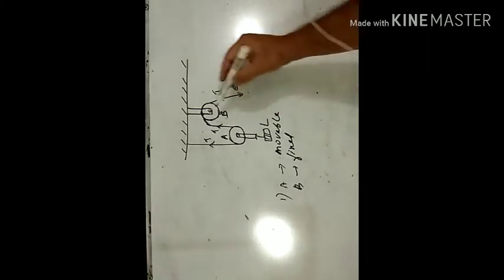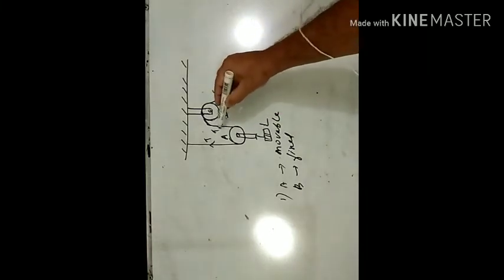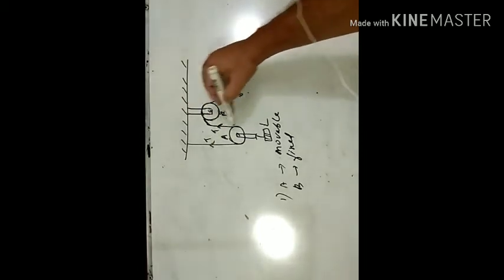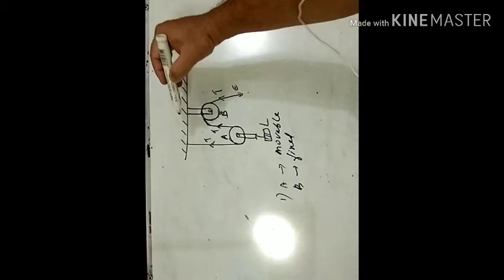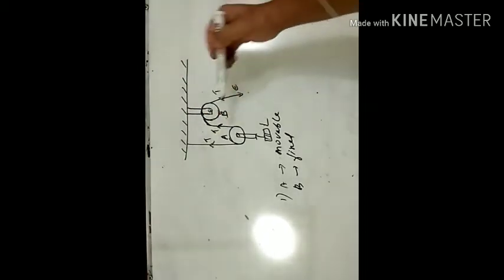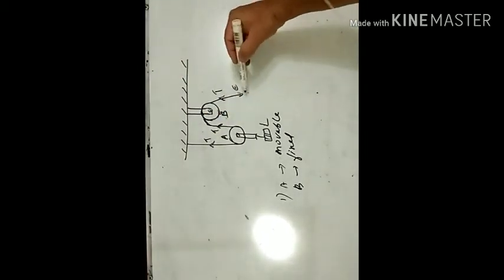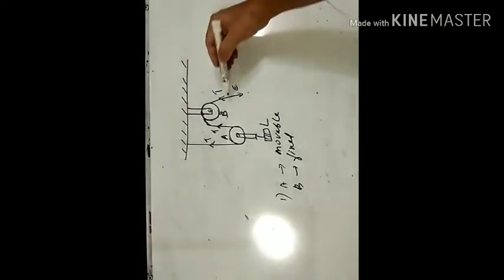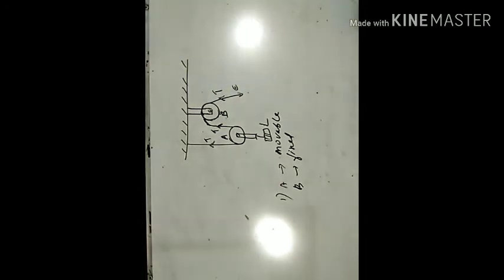Second part, in the diagram, mark the direction of tension on each strand of the string. Load is acting downward, that is the action force. The reaction force is nothing but the tension which is acting along the string in the upward direction. You can see the tension T is acting along the strings in the upward direction. So we have marked it clearly. Remember that tension is always acting along the string in the upward direction.